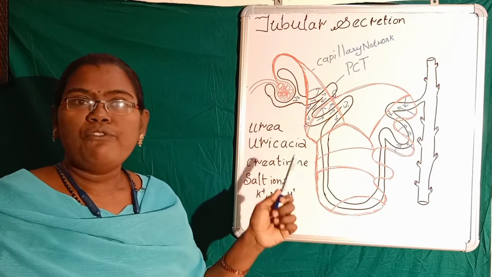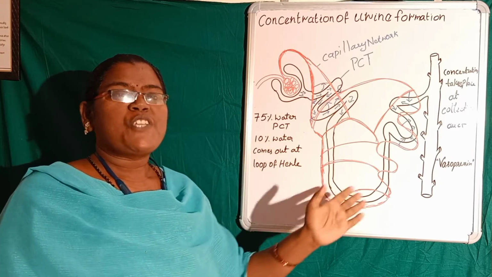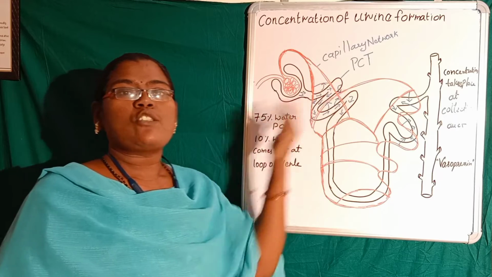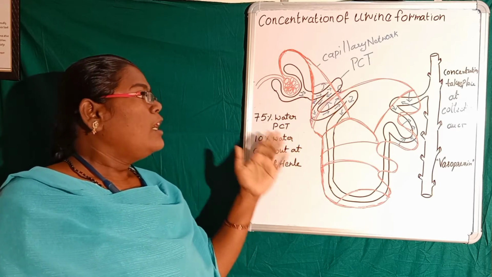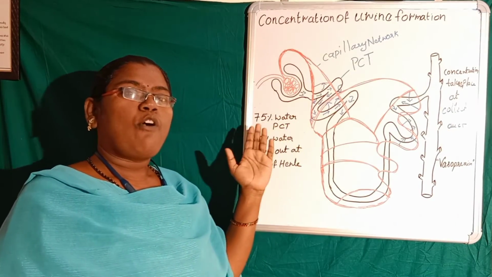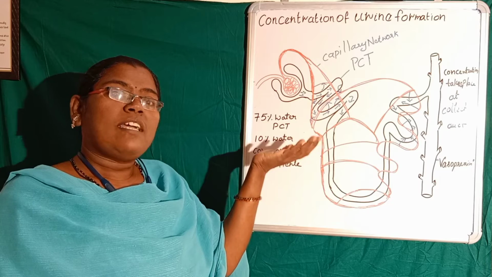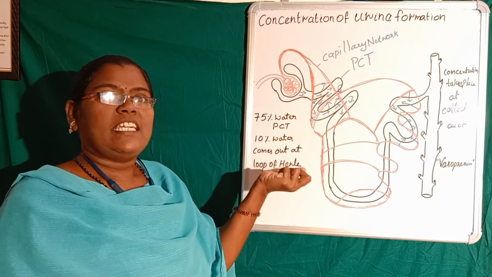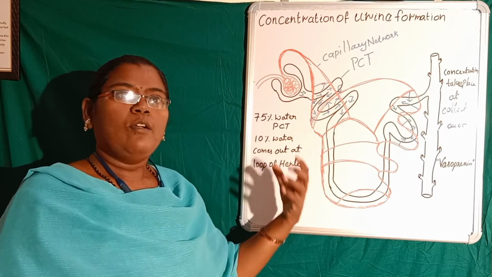All these things are involved in the concentration of urine formation. By the absorption and secretion processes, the urine gets concentrated. At the PCT level itself, 75% of water is reabsorbed, so the primary urine, the renal filtrate, is concentrated by losing water.